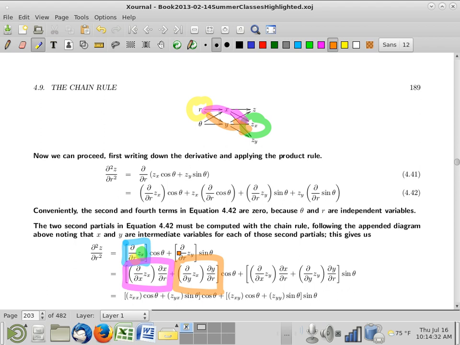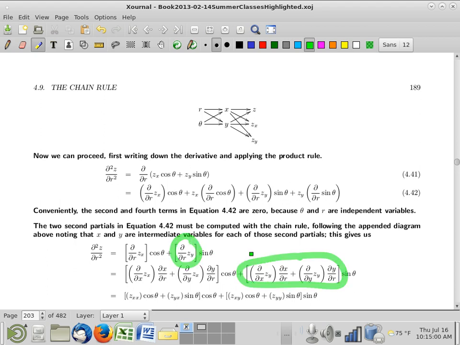Everybody good? So you've got to look carefully and think it through. Along this purple path, for example, we're going to take the partial of Zx with respect to x and multiply by the partial of x with respect to R, and that's exactly what I've got. Likewise for the orange path. Okay. Ditto over here, looking at this.